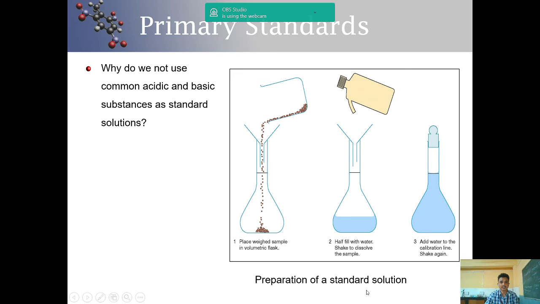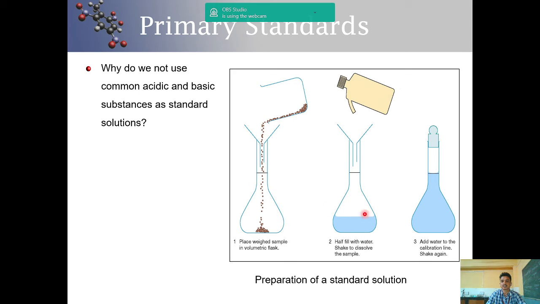First of all, I have mentioned here the placing of the weighed sample. This is the primary standard substance I have poured into the volumetric flask, and after that I have to add half the quantity of water. This volumetric flask I have to fill halfway with water. So this is the water level, and the sample molecules are dissolved.